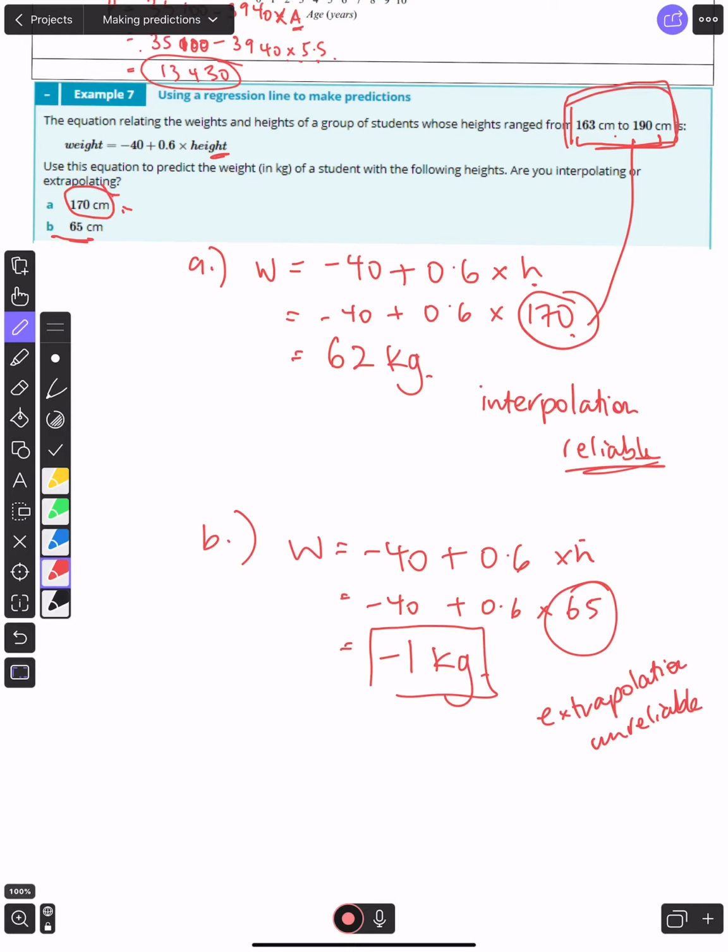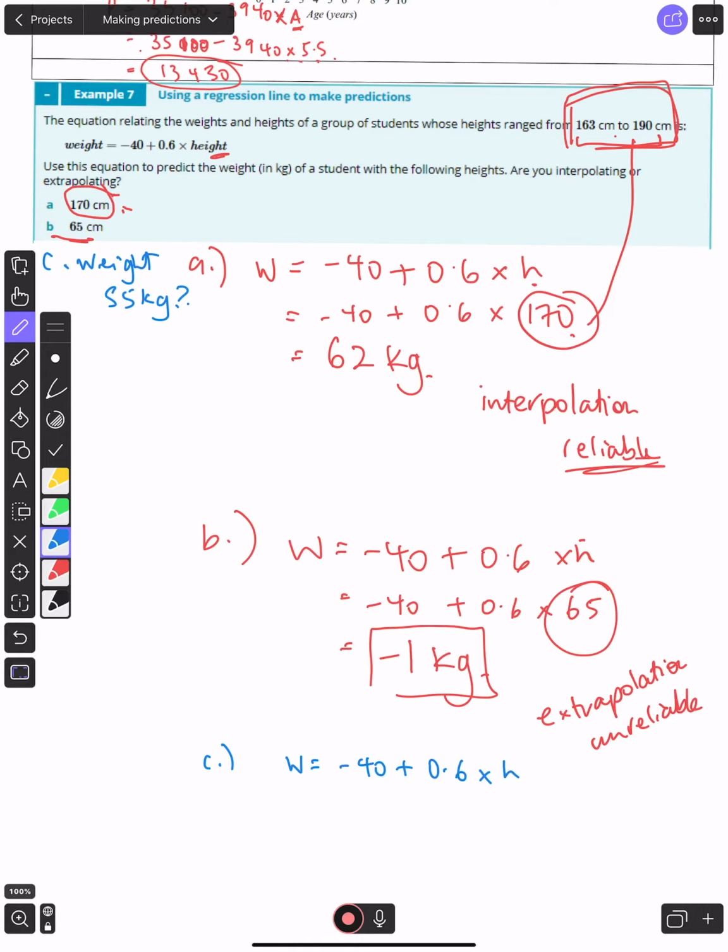Totally fine. Now, I'm going to throw in a part C here for where we have a weight of 55 kilograms. All right, so once again, weight is equal to negative 40 plus 0.6 times the height.